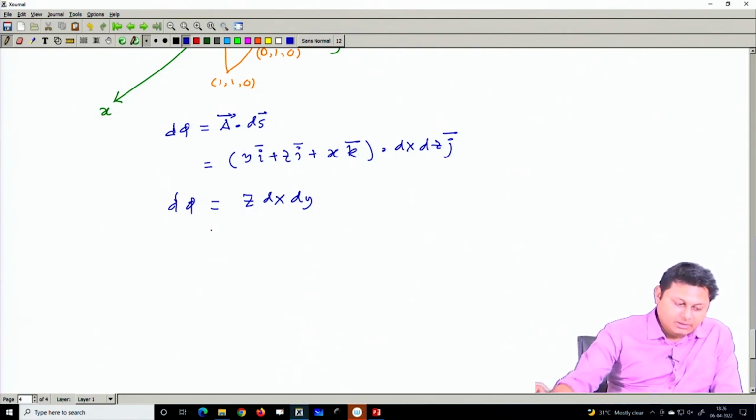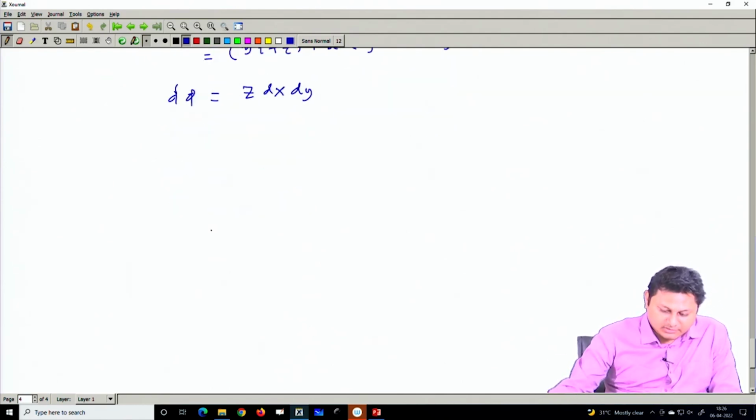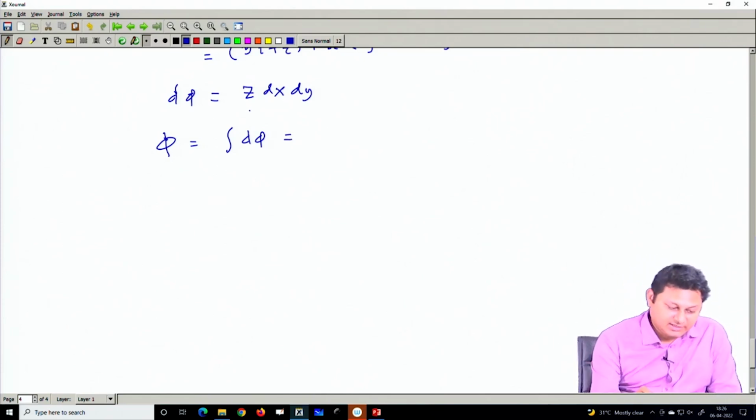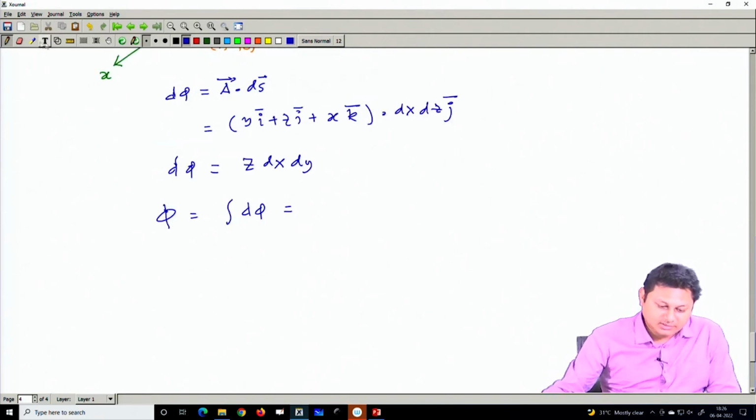Now I need to calculate the total flux phi, which is the integration of d phi. Sorry, this is not dx dy, I made a mistake here; this is dz.